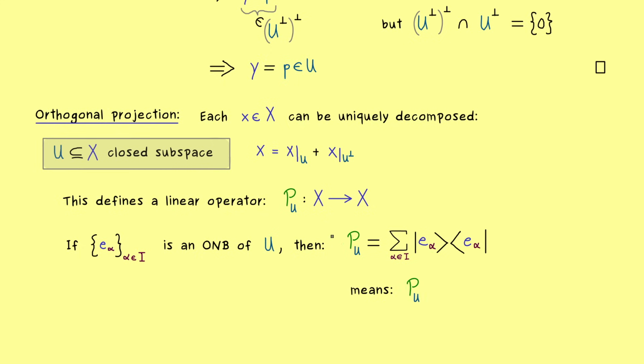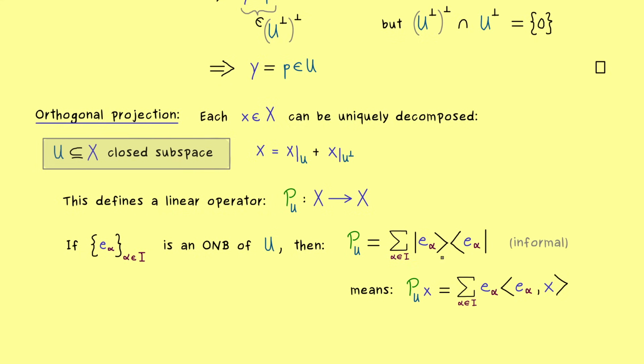However, the official mathematical meaning of this short notation here tells us that you have to apply P_U to a vector X. And then the image is given as a limit inside our Hilbert space X. So there you see, this is how our linear operator acts on a vector X when we have an ONB for our subspace.